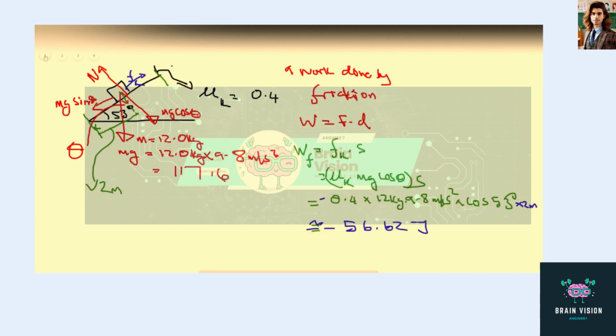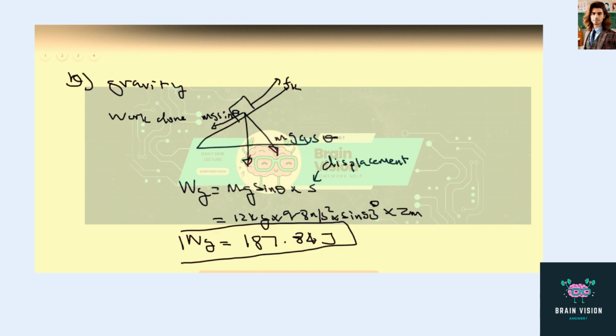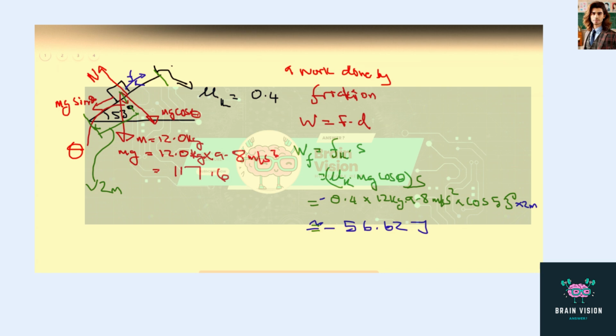So we have negative 56.62, that's the work done by friction, plus the work done by gravity, 187.84 joules. If you sum those together, you end up with 131.22 joules.